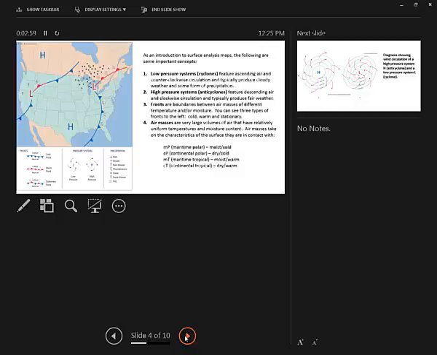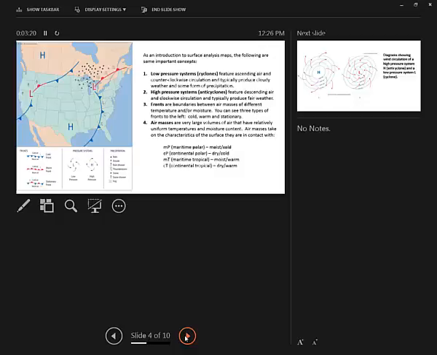Now, low pressure systems or cyclones also feature wind that ascends in the middle. So air is rising in the center of these low pressure systems. So counterclockwise and inward is the type of circulation these low pressure systems have. High pressure systems we also call anticyclones.